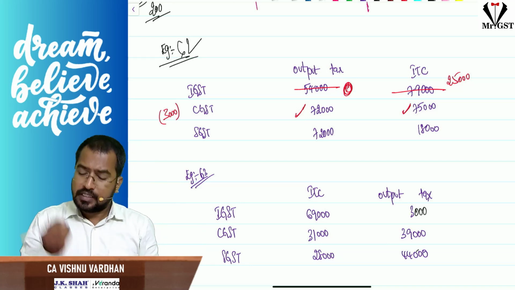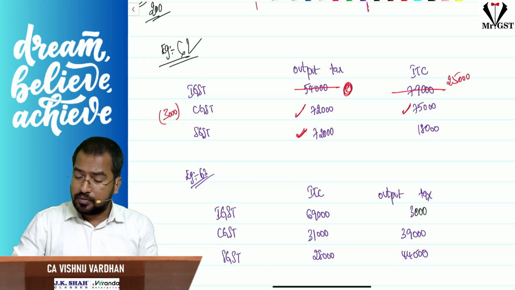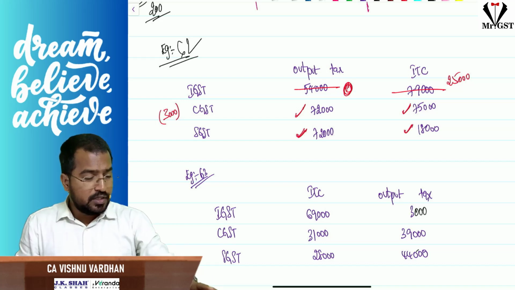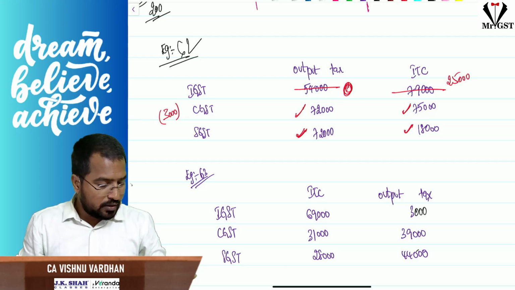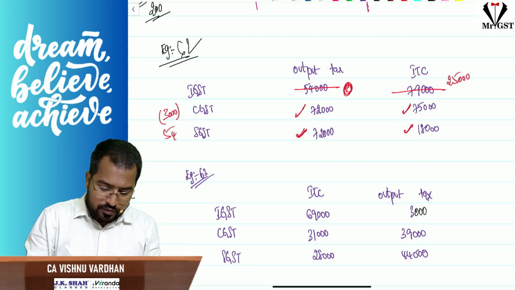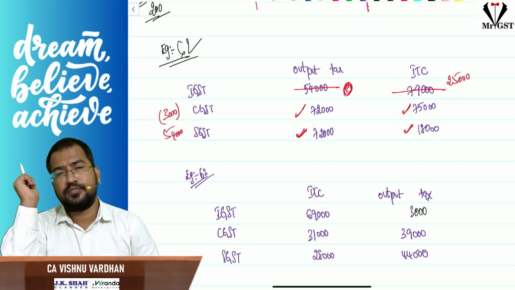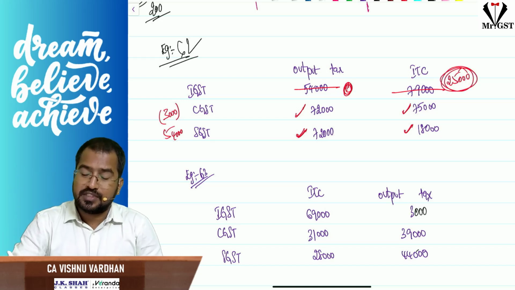Okay. SGST, how much help does it need? Its liability is 72,000, but its ITC is only 18,000. Okay, that means this needs 54,000 help, sir. How much are you having? Sir, I have 25,000, sir.